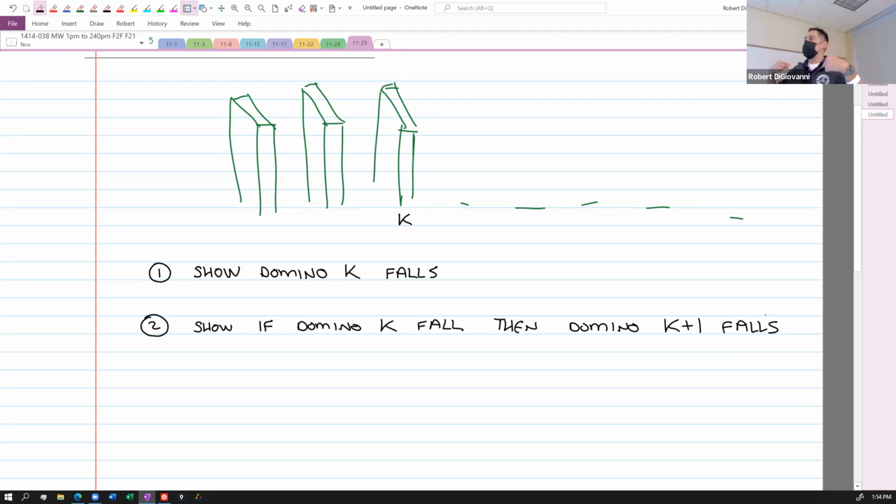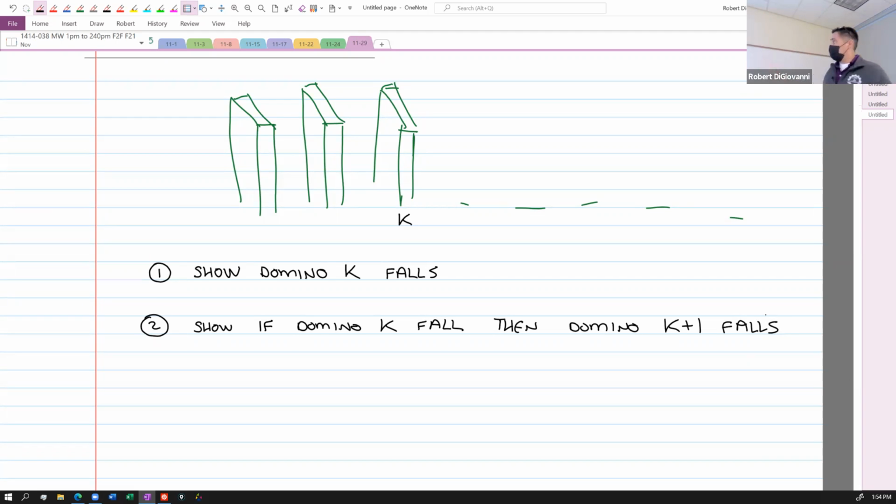I claim that if I can show those two things, then I have proven all the dominoes will fall. Why? Why is that enough for me? This is the big part of PMI, principle of mathematical induction, that you have to understand. Why is it that just those two things will prove that all the dominoes fall?